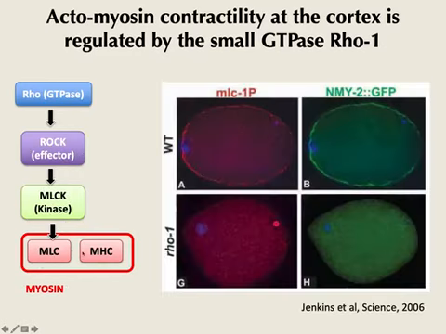And indeed, in the early C. elegans embryo, if you look for phospho-myosin light chain, so that's a sign of active myosin, you see it at the cortex, initially throughout. This is also where the non-muscle myosin GFP accumulates. But in the Rho1 mutant, there is no accumulation at the cortex of either myosin light chain 1P, immunostaining, or NMY. So that's regulated by Rho1.